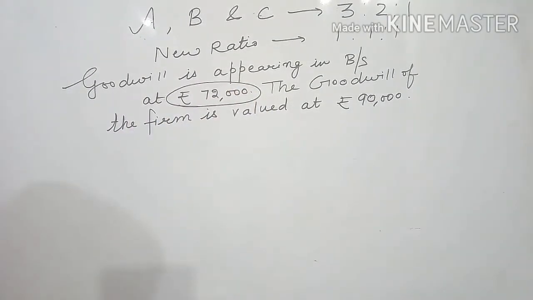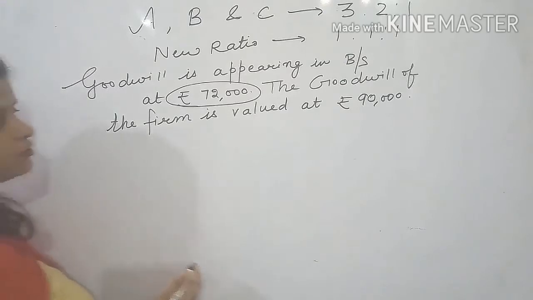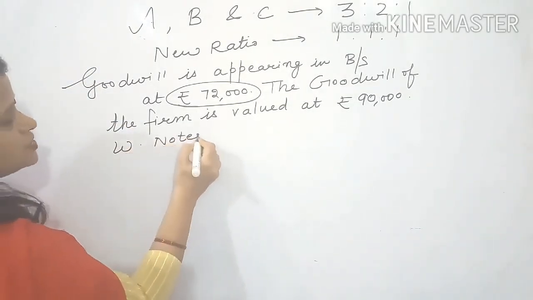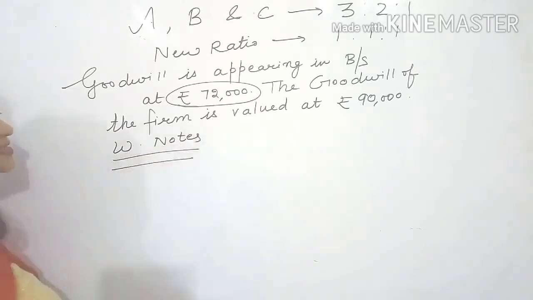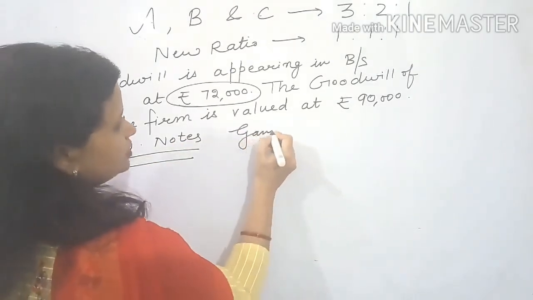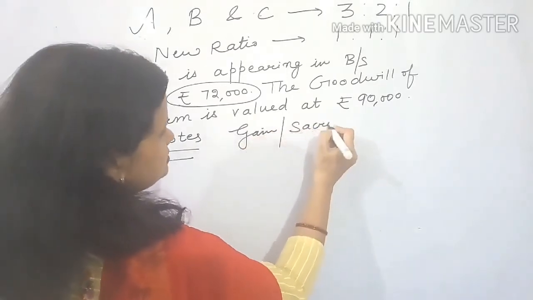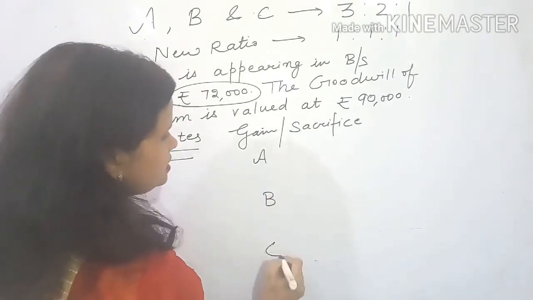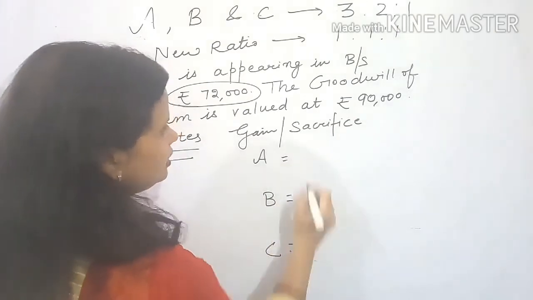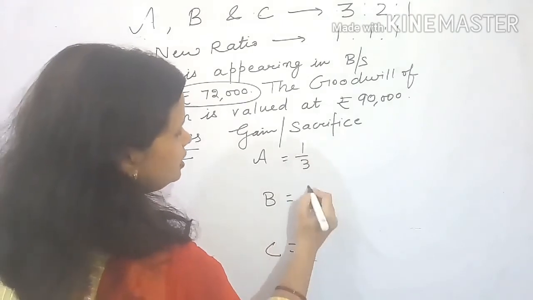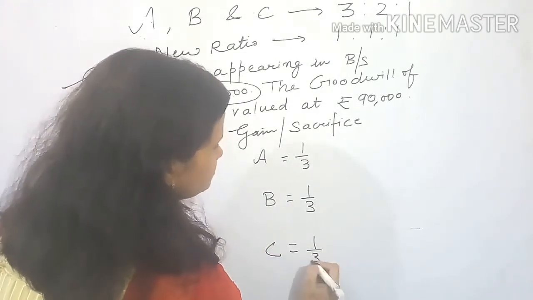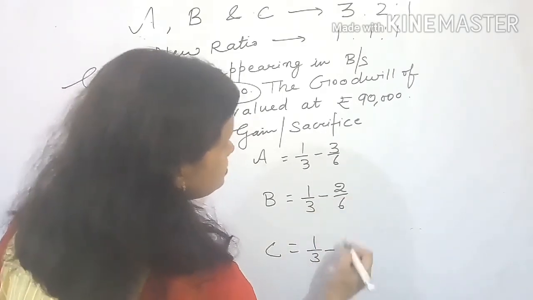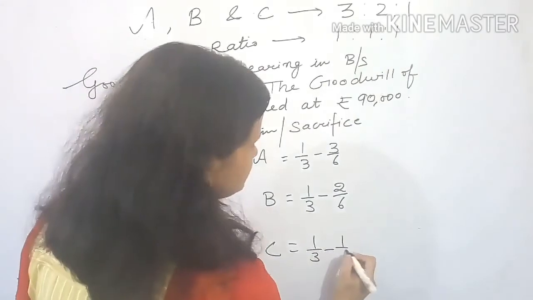90,000. And at what amount is it appearing in the balance sheet? 72,000. Now, the first step, in working notes, what will you calculate first? You will calculate gain or sacrifice. A, B, C. Here you will write down the new ratio 1/3, 1/3, 1/3, minus old ratio 3/6, 2/6 and 1/6.